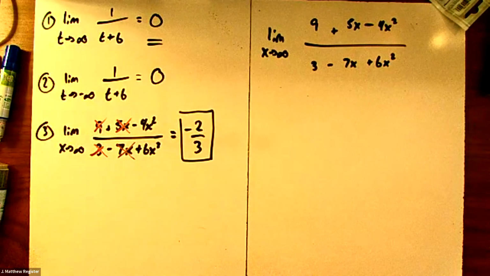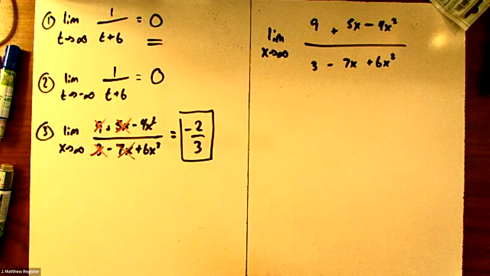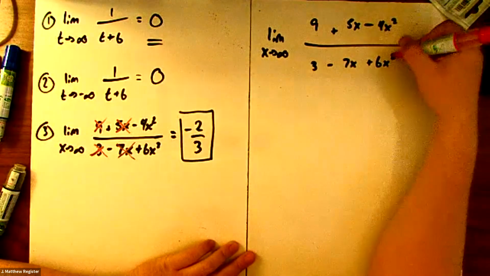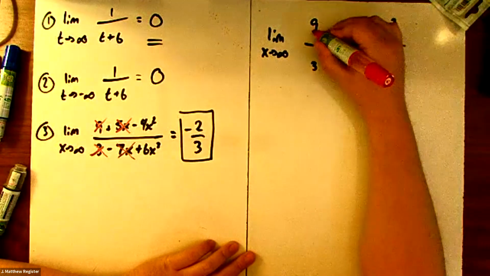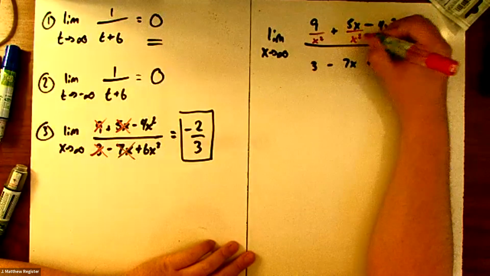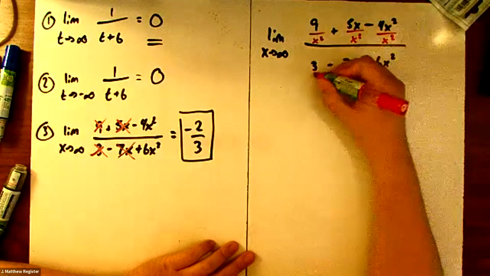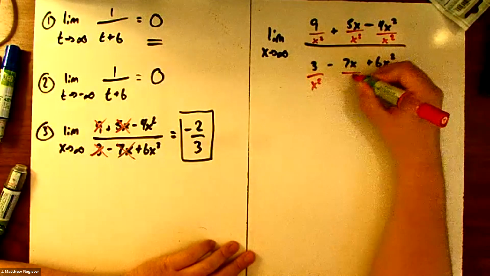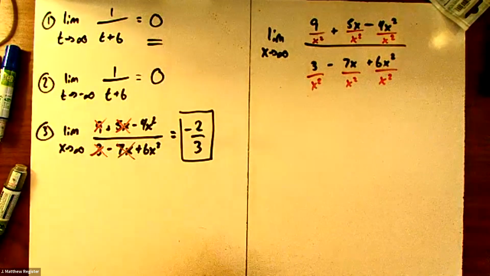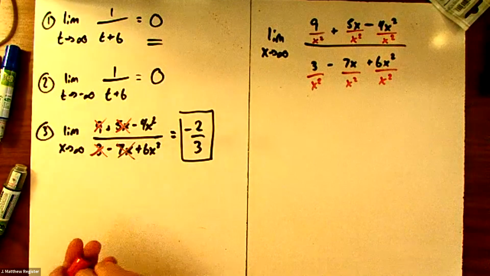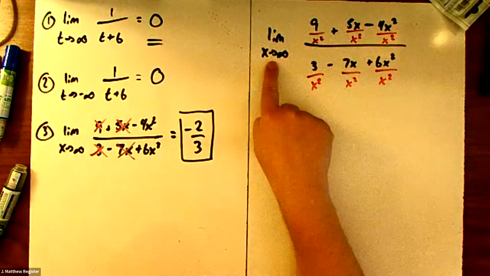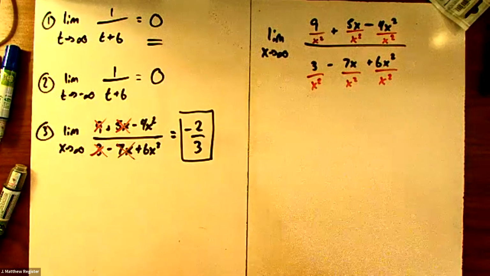It'll recommend dividing by the largest exponent. Looking at these, we have x squareds floating around, so we could divide each of these by x squared. The reason we do that is because now we can look term by term and say, what happens as x goes to infinity for that particular term?